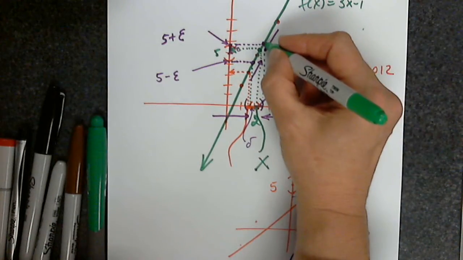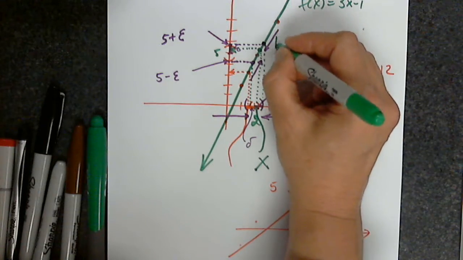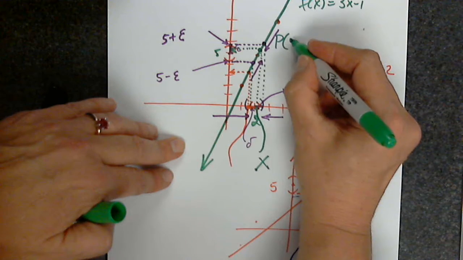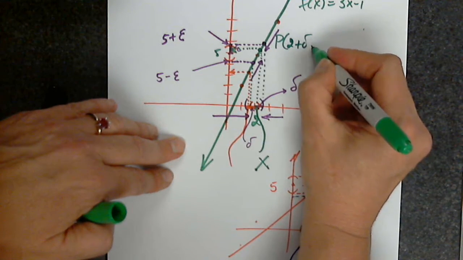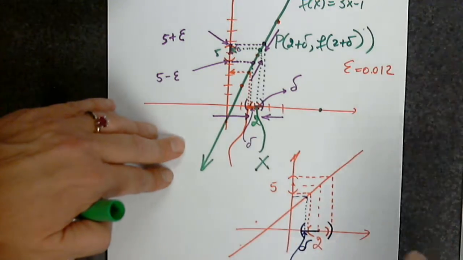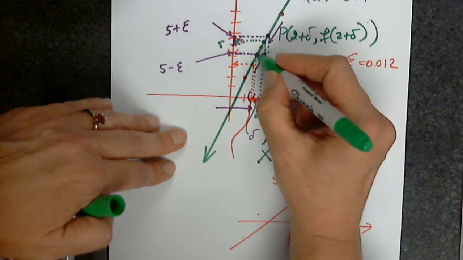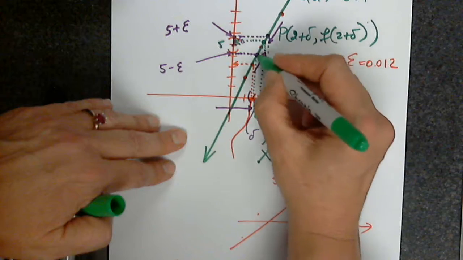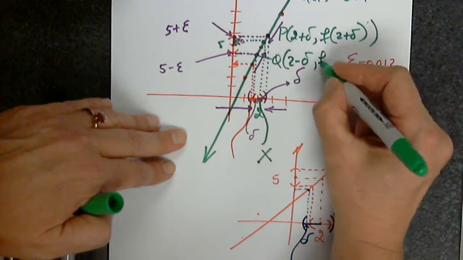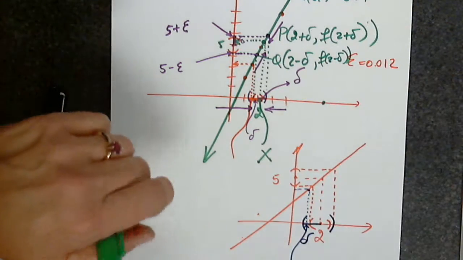So these are these points. So this point is P, 2 plus delta and f of 2 plus delta. And this point here, I'm going to call it Q, is 2 minus delta and f of 2 minus delta. Are we in agreement with that?